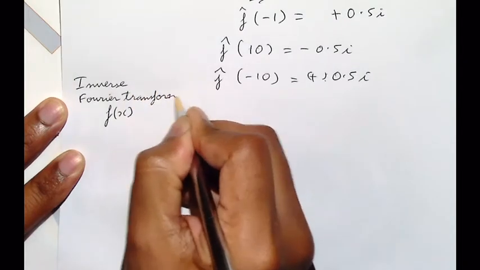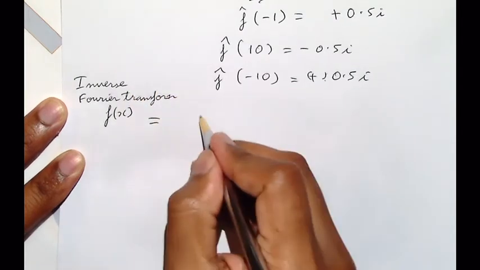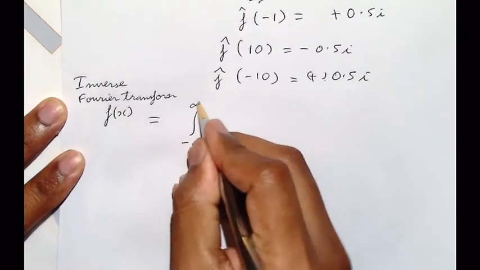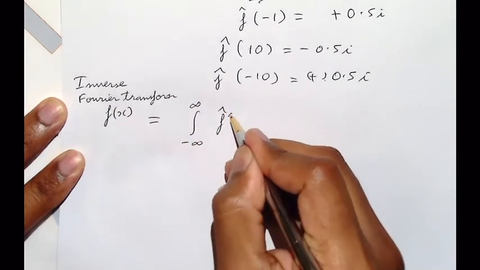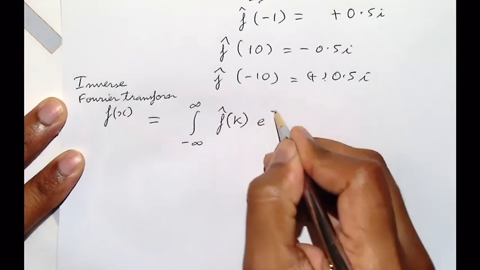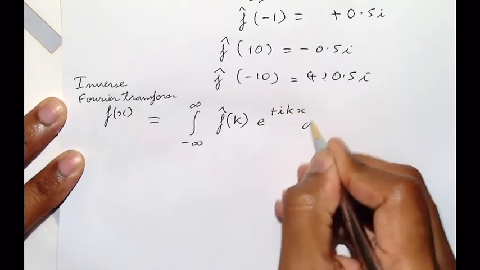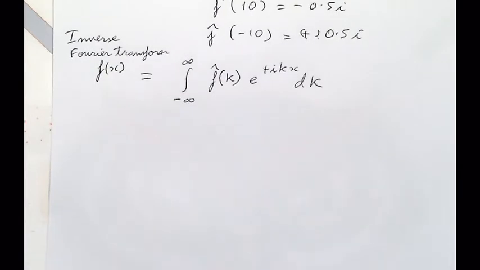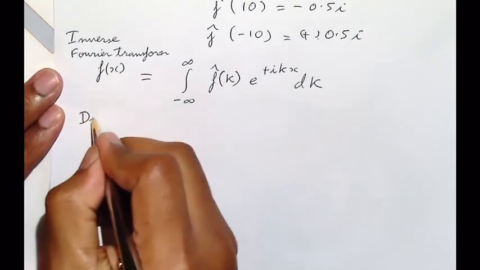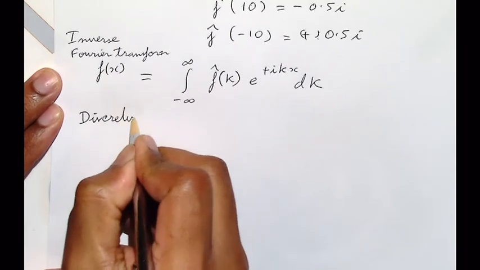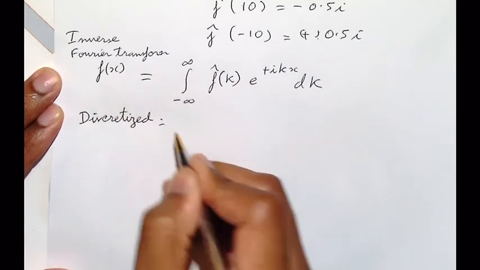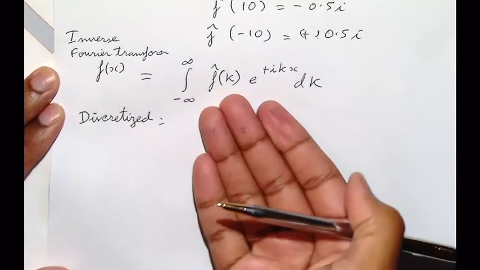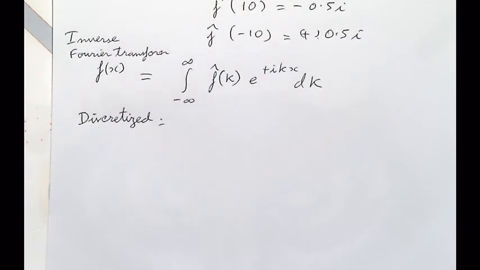It just says that f of x is the integral from minus infinity to plus infinity of f hat of kappa e to the plus ikx dk. Okay? And discretized, again, we don't have an f hat of kappa that's continuous. We don't have minus infinity to infinity.